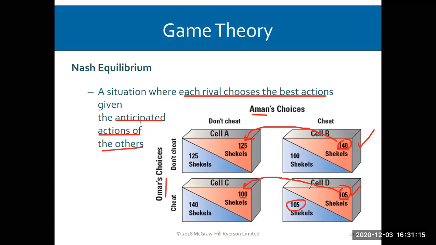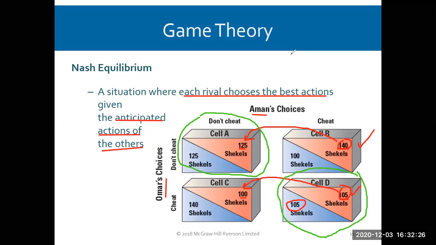They look at that as their best alternative, and that's the Nash equilibrium. So this example shows that if it's a successful collusion and they both don't cheat, this would be the solution. But the tendency to cheat is pretty strong, so the likely solution will be that they both end up cheating and they both end up in this particular solution.